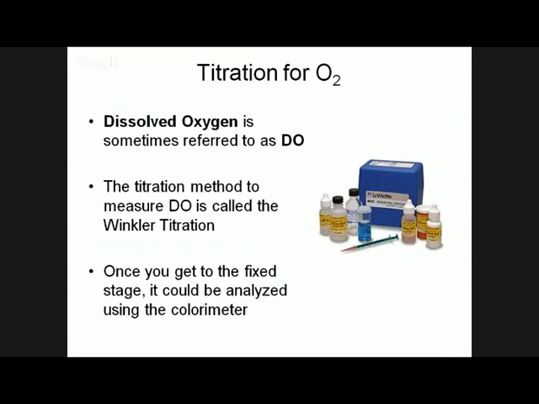If the DO is depleted in any natural water body, it means there is contamination due to organic matter. Organic matter may come from sewage, solid waste, industrial waste, or any other human activity. So DO is very important. Once the DO is maintained, your water is okay for any purpose you want to use it for.